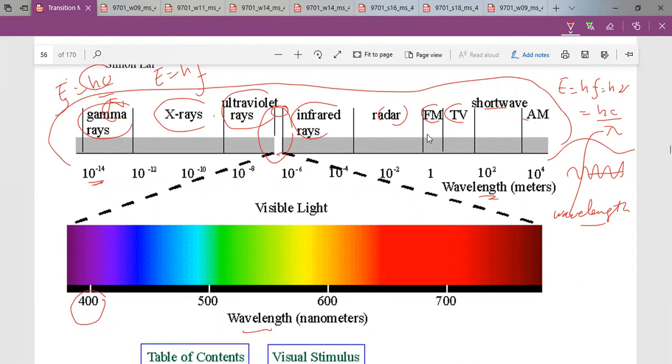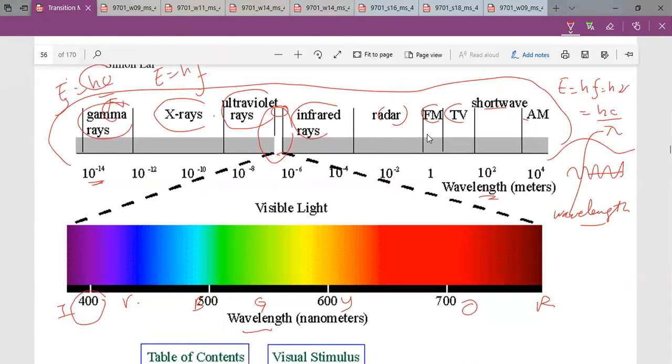So in Form 5, you learn red, orange, yellow, green, blue, indigo, violet. These are all the main colors of the visible light.